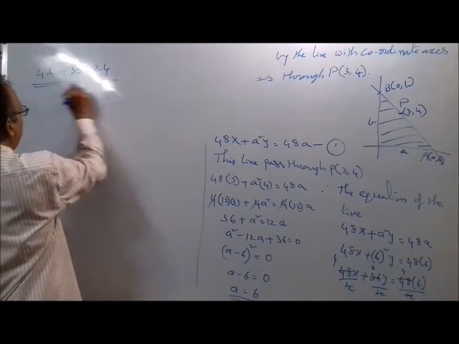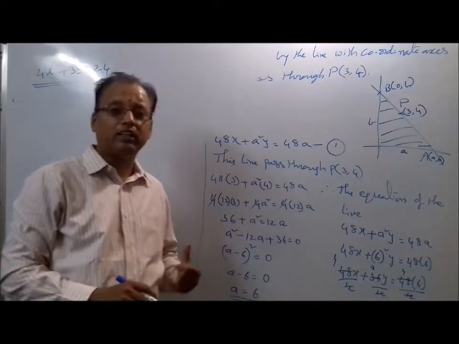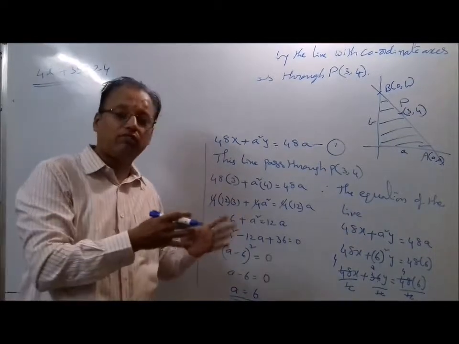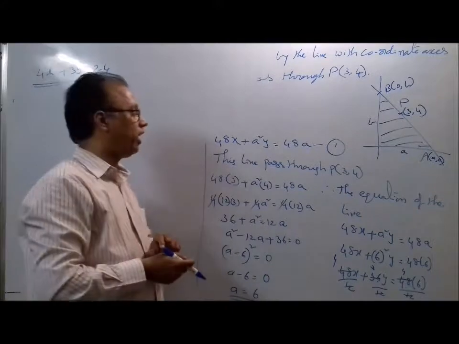This is the equation of the line following the condition that the area of the triangle formed by this line with the coordinate axis is 24 square units.